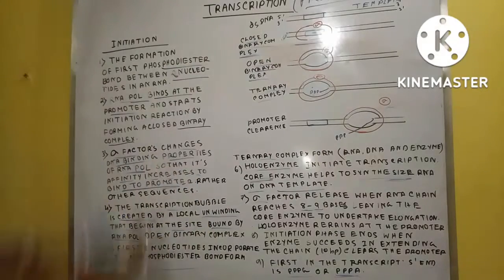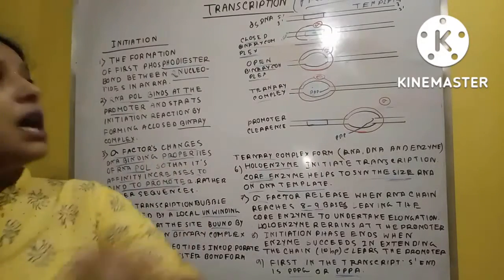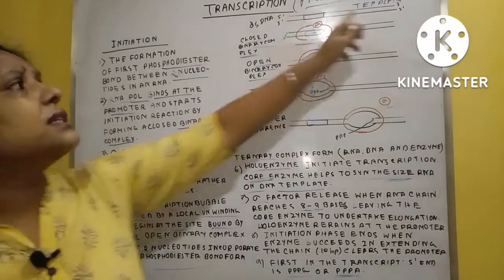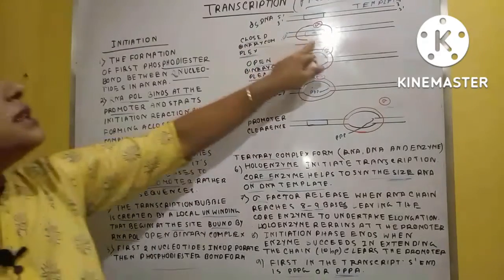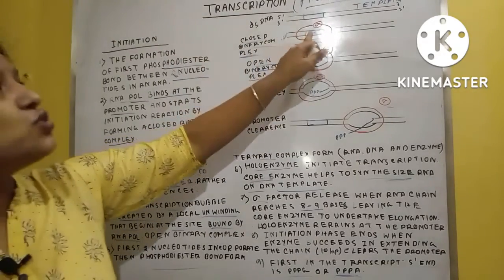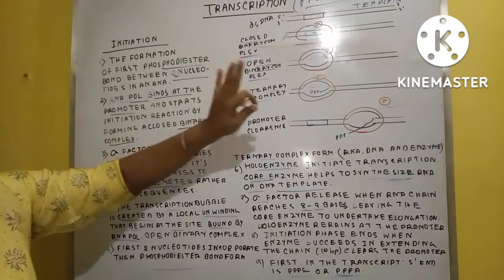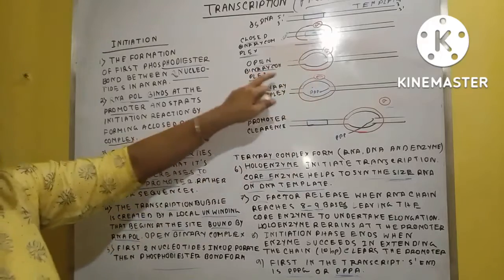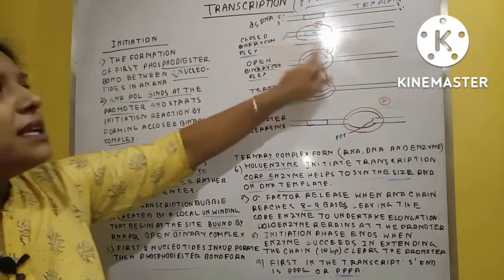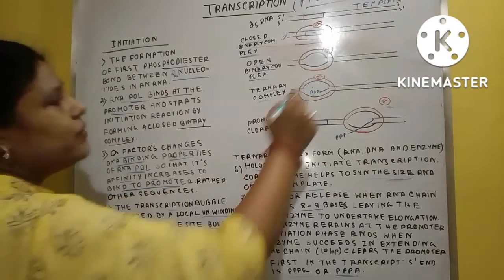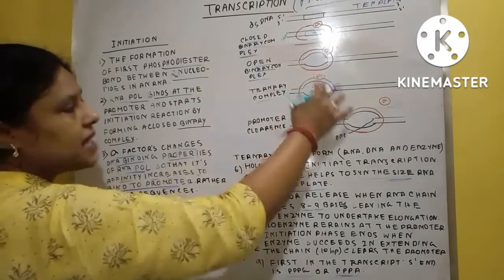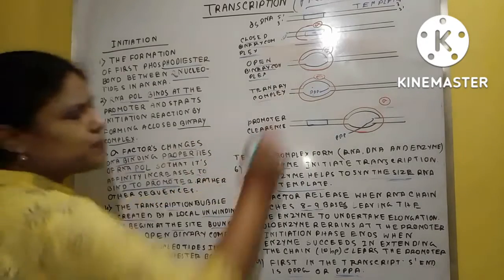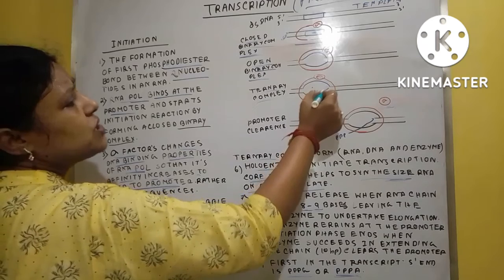So this is the process of initiation. First, the RNA polymerase binds to the promoter region and forms the closed binary complex. In the next step, it unwinds and forms a bubble-like structure, which is the open binary complex. Third, with the sigma, the holoenzyme, and the unwound bubble template present, the transcription process starts.